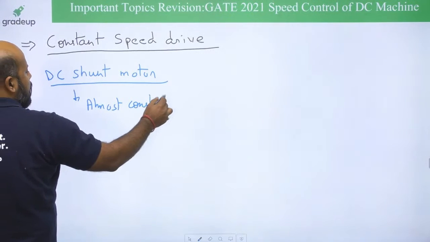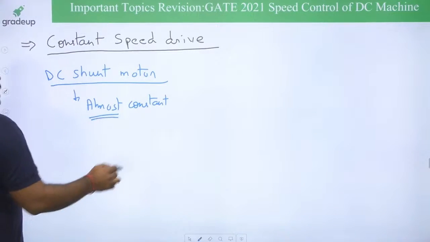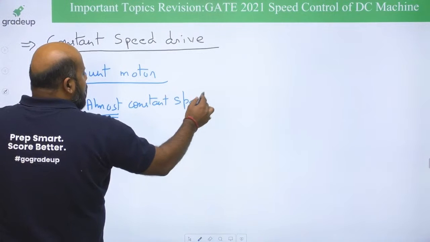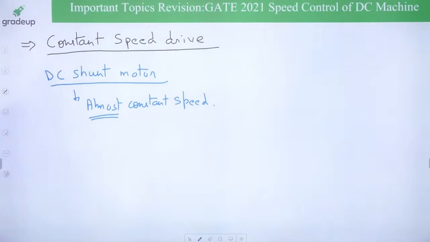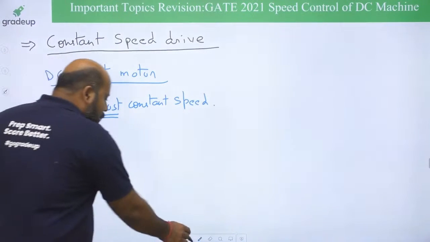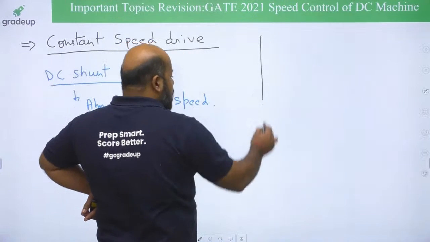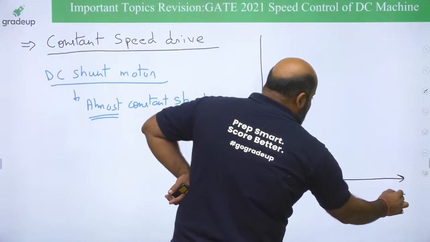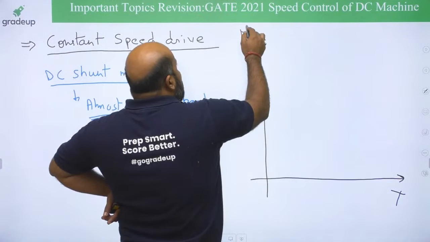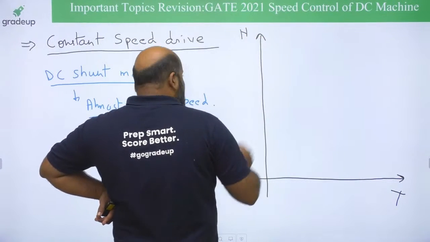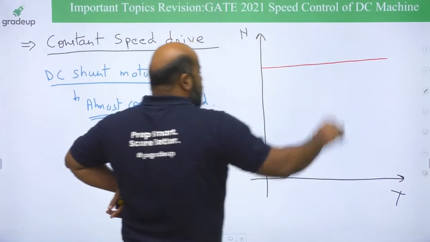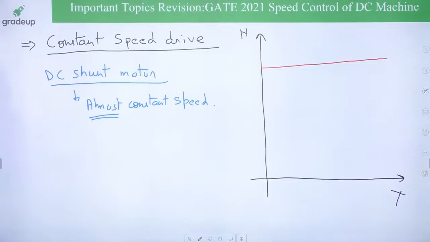I am not saying it is constant speed, I am writing almost constant speed motor. That is why we are calling it a constant speed drive. For example, if you draw the characteristic in terms of the speed torque characteristic, then almost the speed is coming constant for the DC shunt motor. So for constant speed drive we are using the DC shunt motor.